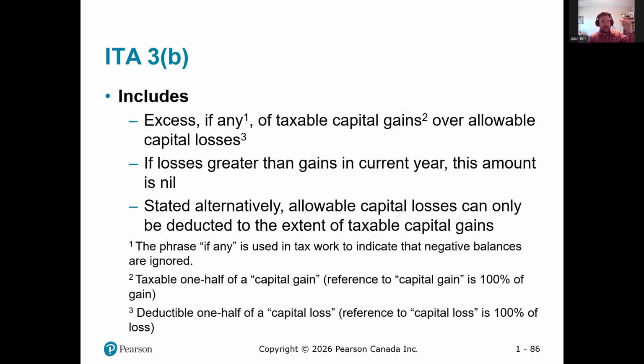If I have $10,000 of taxable capital gains and 25,000 of allowable capital losses, I can only subtract up to my 10,000, up to the existing taxable capital gains I have. So 25,000 minus 10 means 15,000 of allowable capital losses will be carried forward or saved until we have gains in a future year.